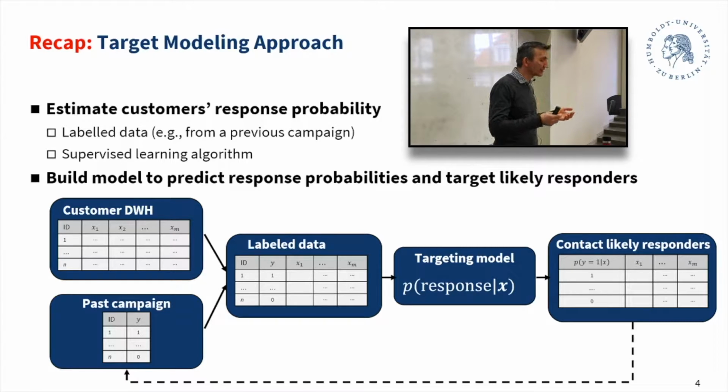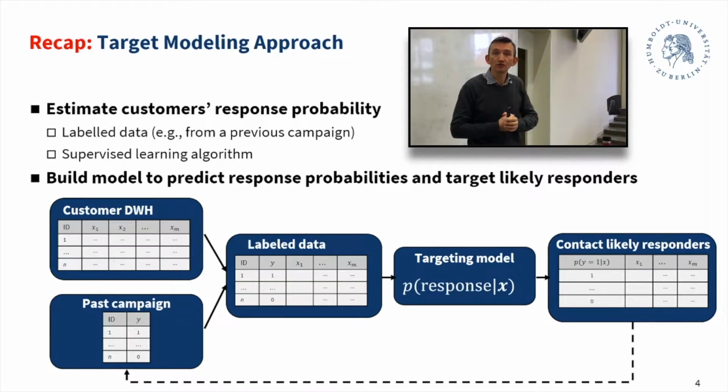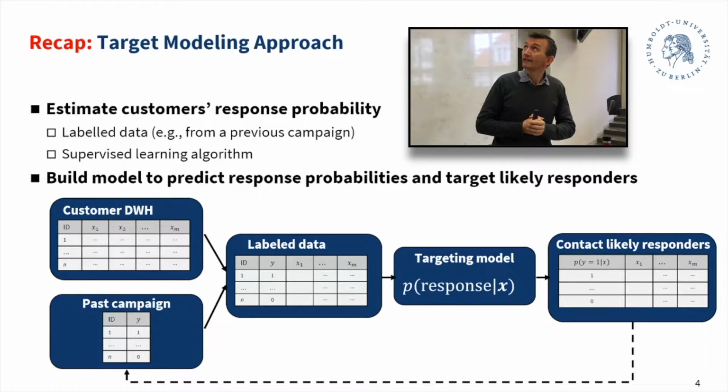This allows us to construct a labeled data set with customers and their labels, which was just the input to vanilla supervised machine learning, allowing us to build targeting models where we predict the conditional probability of a customer responding to our action in the way we want, given the customer attributes denoted by X.